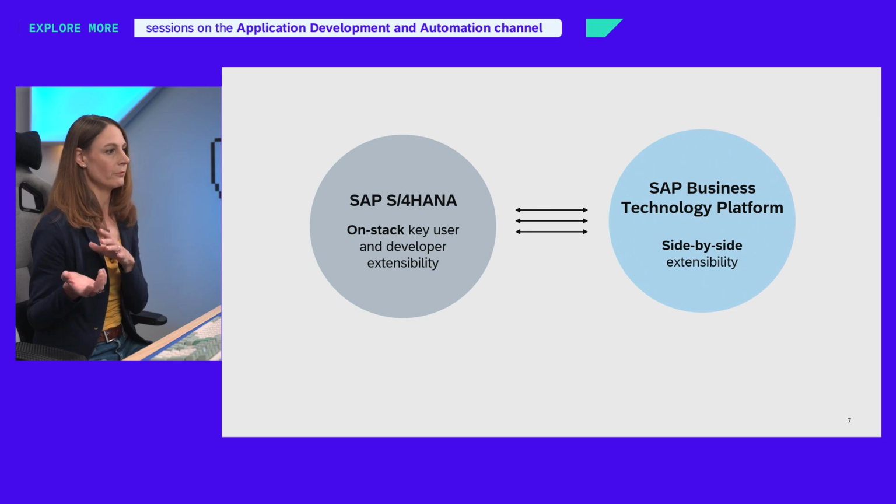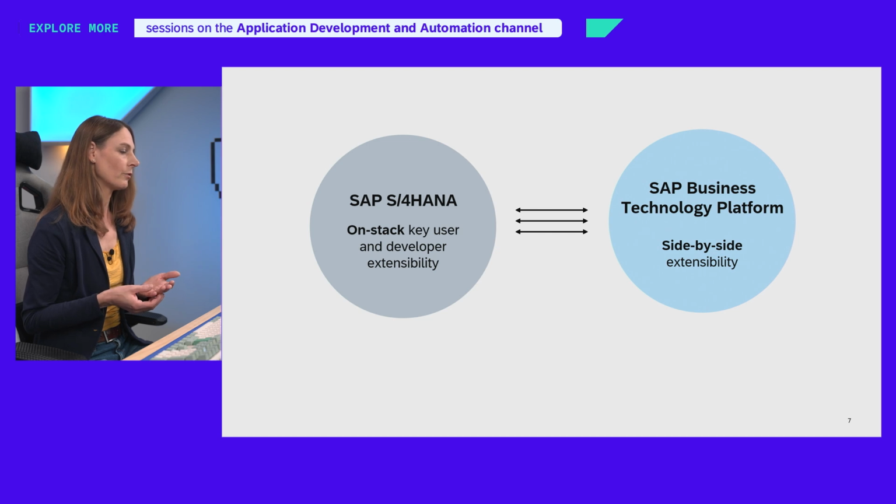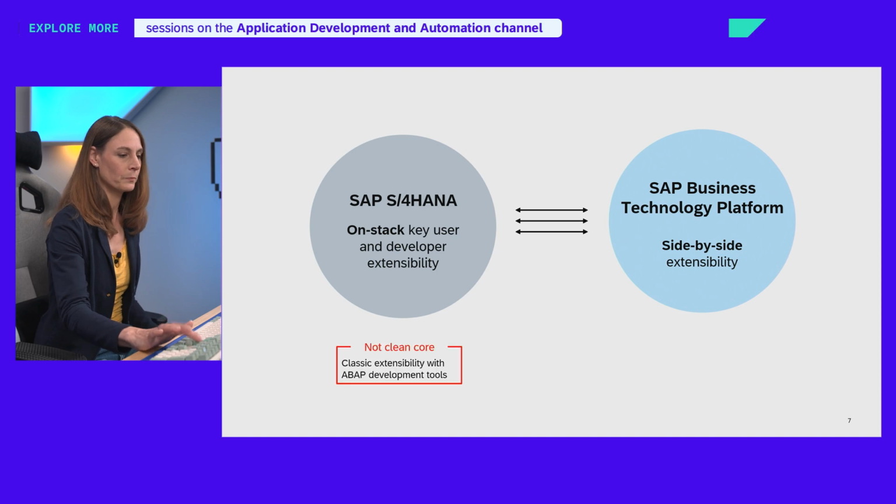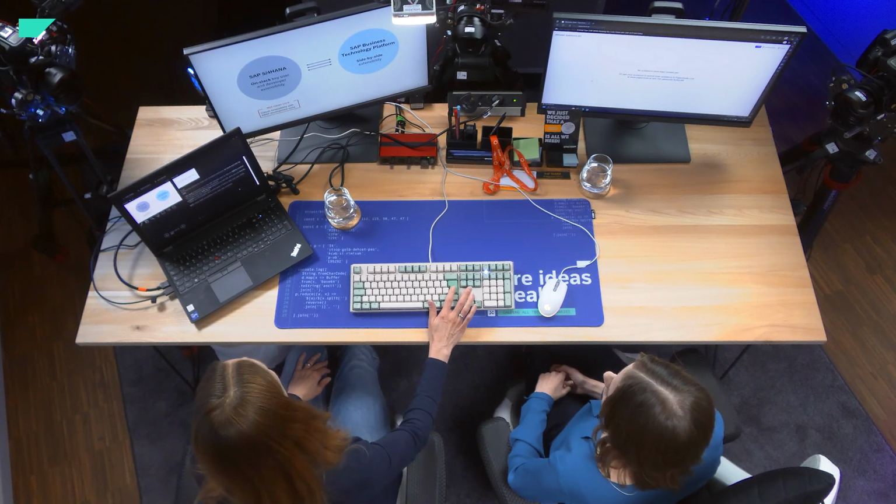And on the other side, we have side-by-side extensibility. There, your extensions are running on SAP BTP, as they are only loosely coupled with your SAP S/4HANA. And usually, in most cases, you will probably use a combination of both on-stack and side-by-side extensibility. But, very important, classic ABAP extensibility is not clean core compliant.